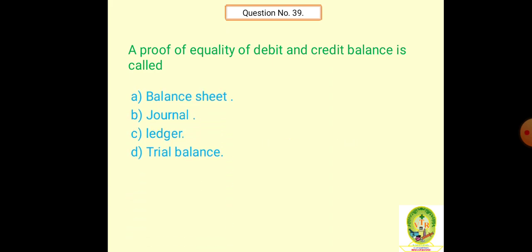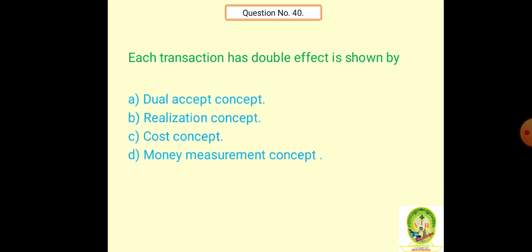Options are A. Balance sheet, B. Journal, C. Ledger, D. Trial balance. Right answer is D. Which transaction has double effect is shown by. Options are A. Accept concept, B. Realization concept, C. Cost concept, D. Money measurement concept. Right answer is A.